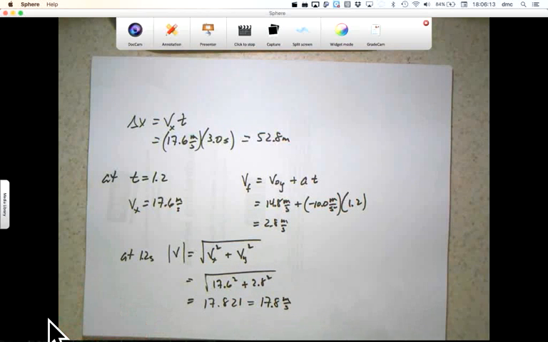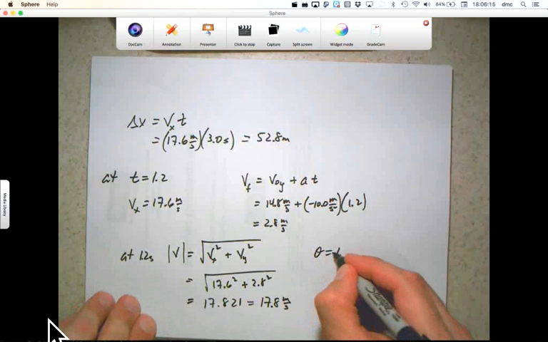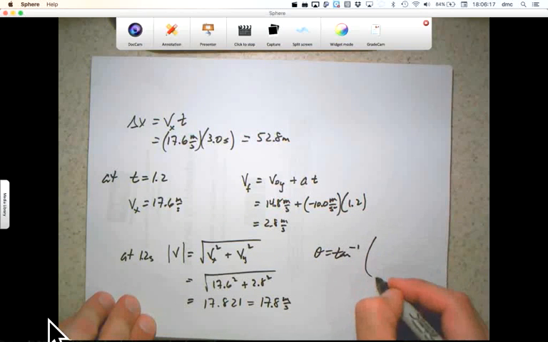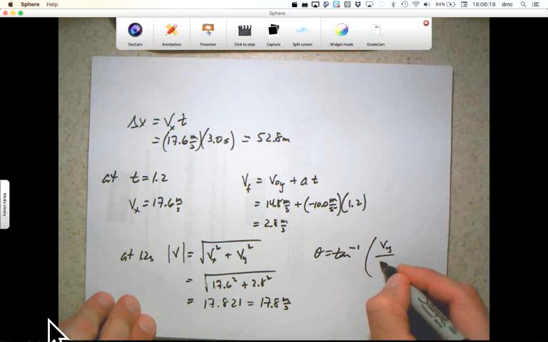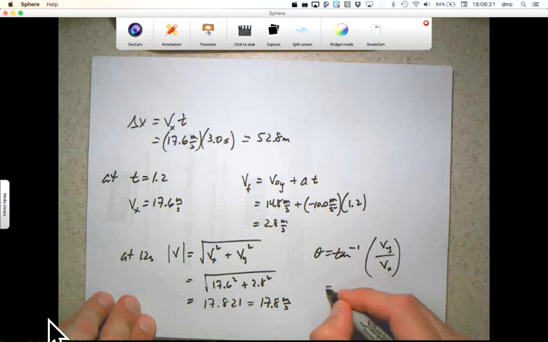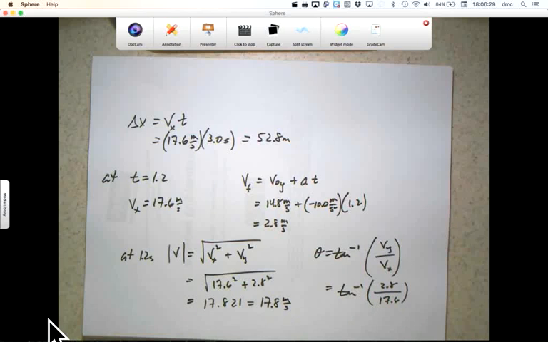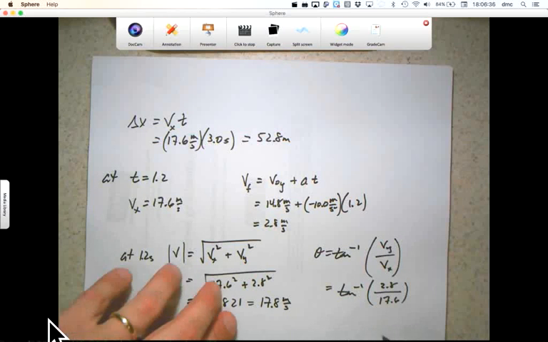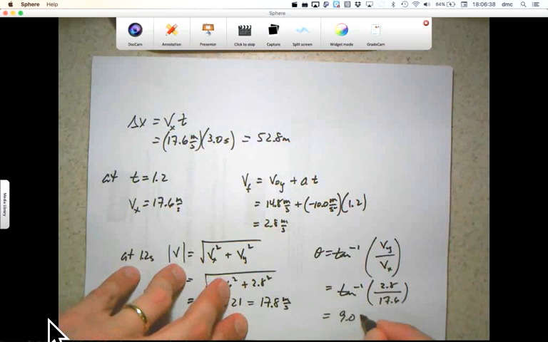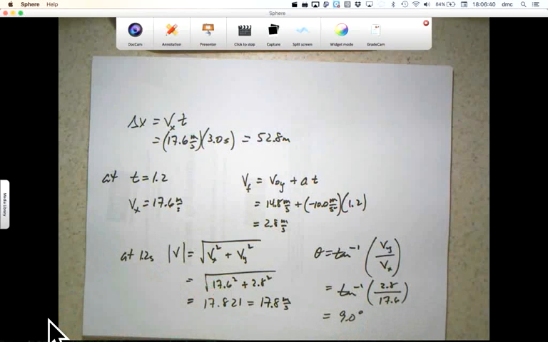And then the angle, well, theta is the inverse tangent of the y component divided by the x component, and they're both positive. So that'll be the inverse tangent of 2.8 over 17.6, which gives me 9.039 or 9.0 degrees rounded to the nearest one.